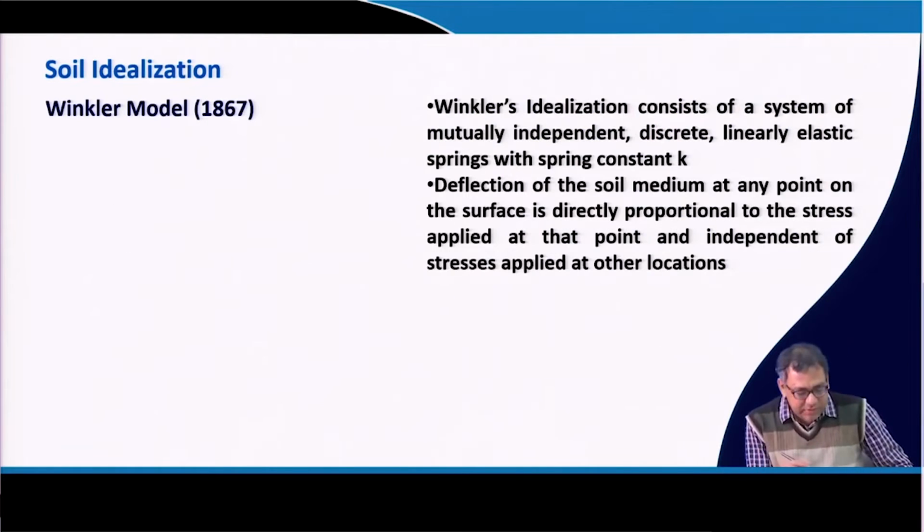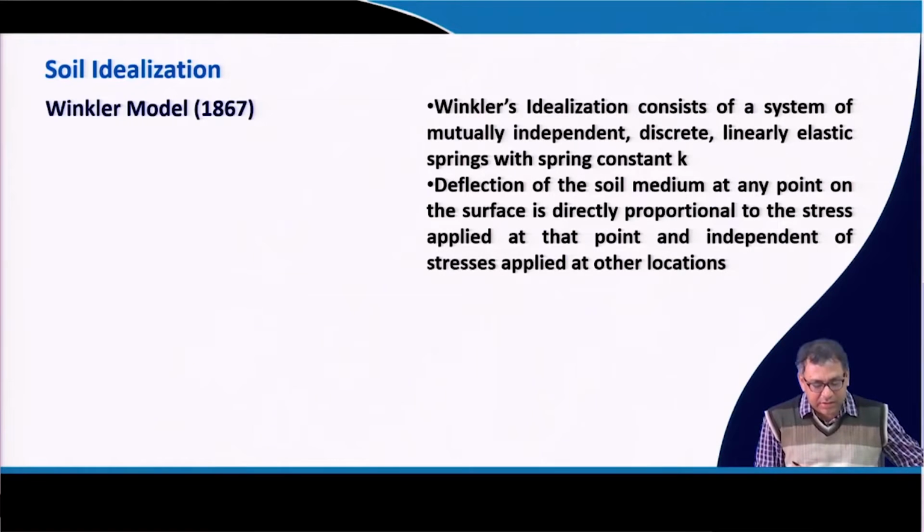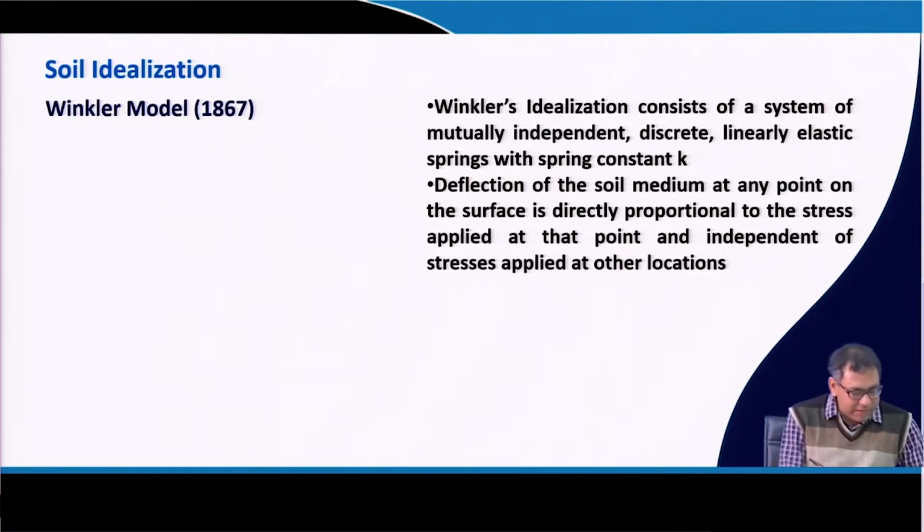Now first I will discuss the first idealized model, that is the Winkler model. The Winkler model basically consists of a system of mutually independent, discrete, linearly elastic springs. That means the soil is modeled with springs.